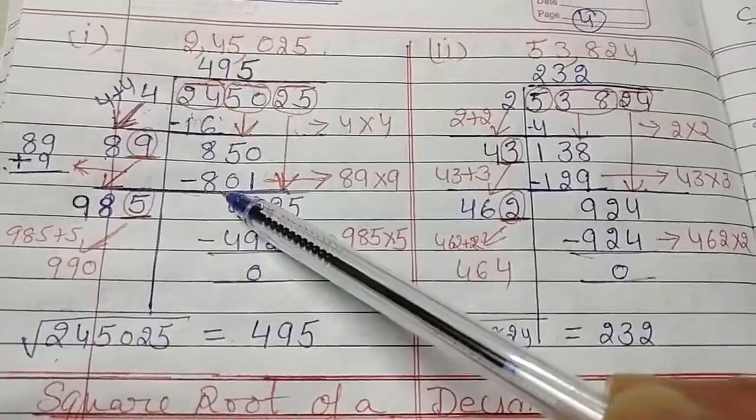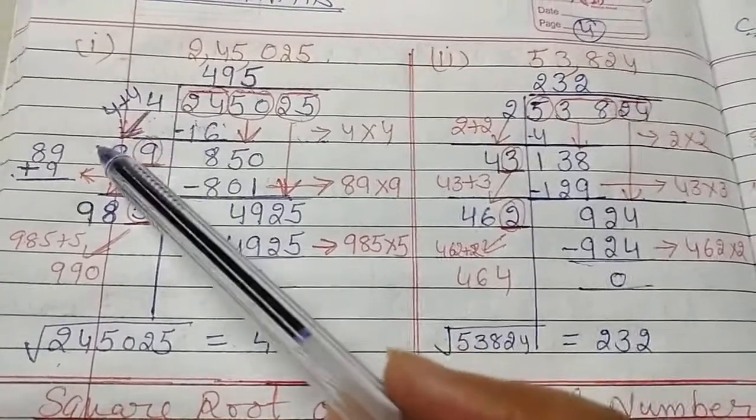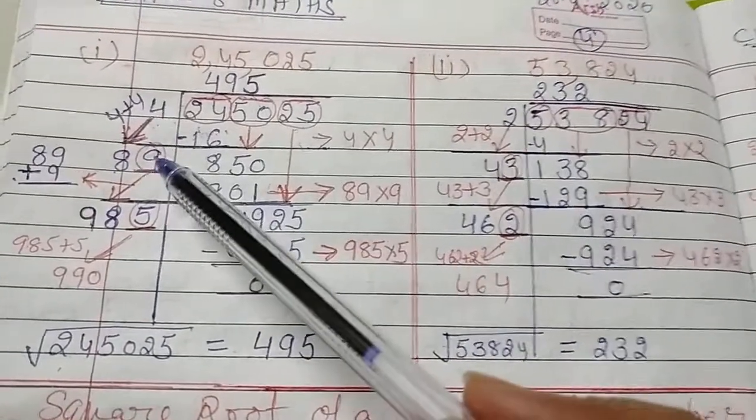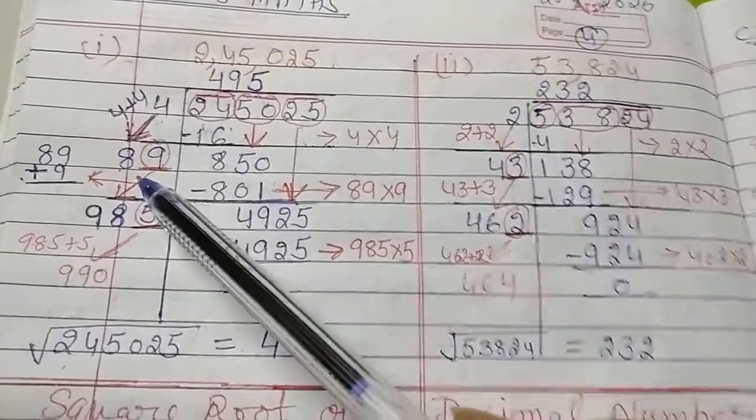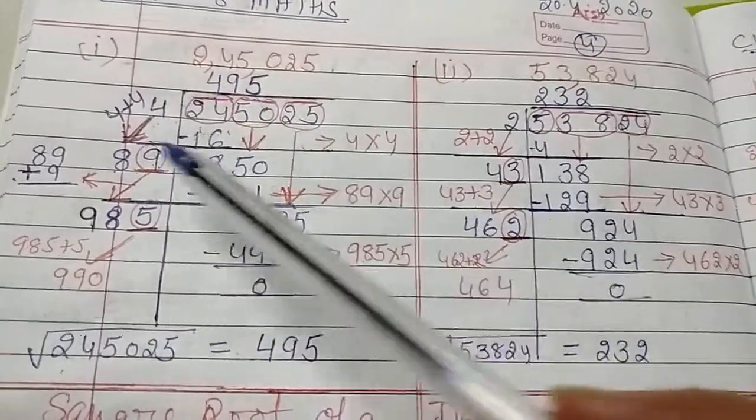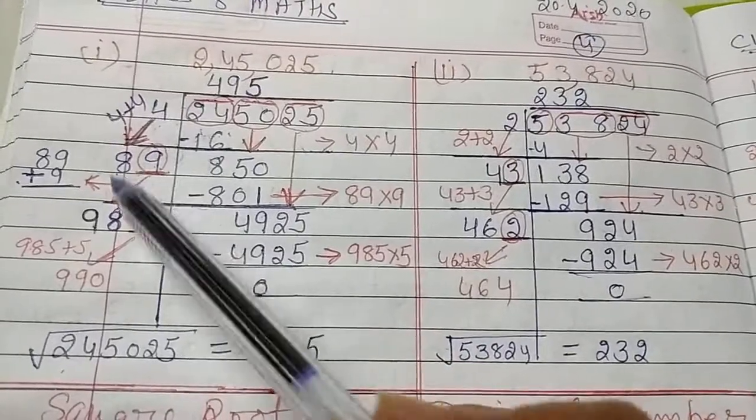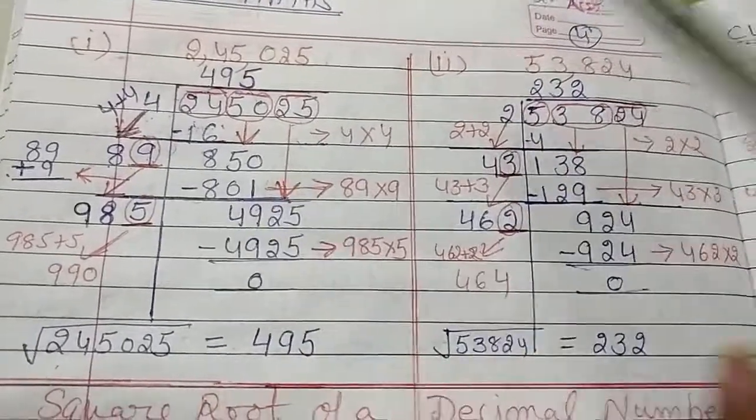Now this space is left there, so we think again about which number should go here. When we multiply that whole number with that digit, we should get a number less than 850.